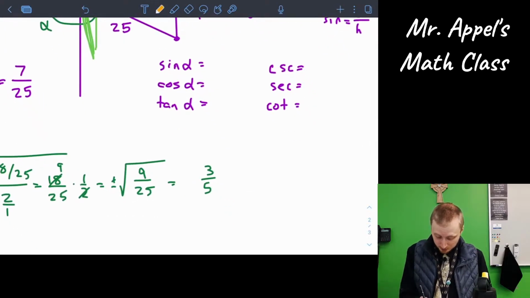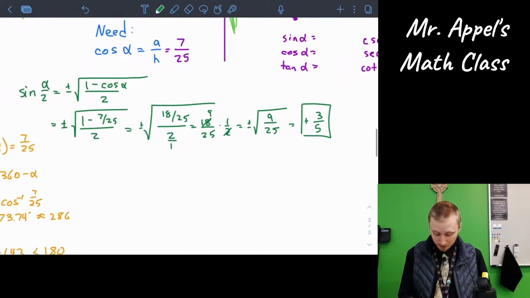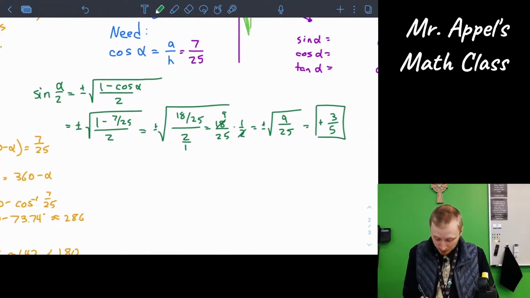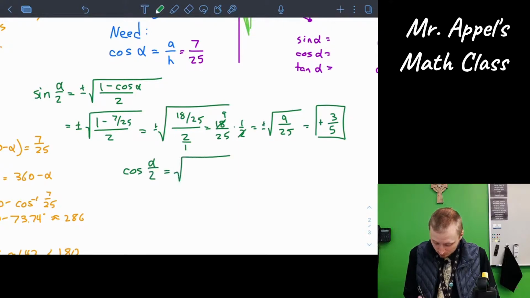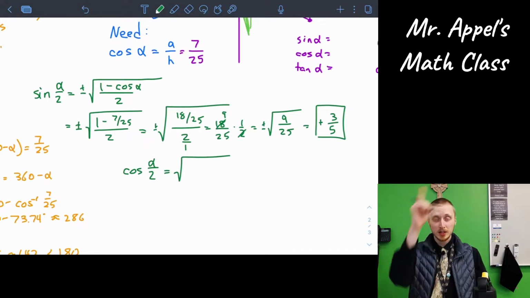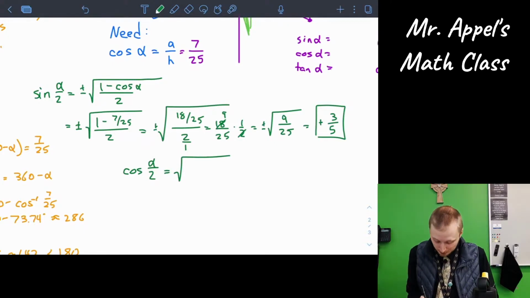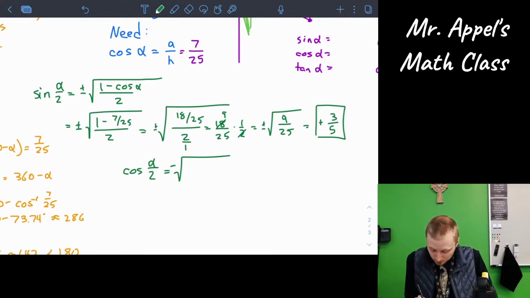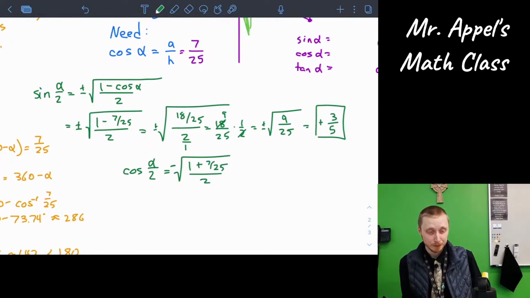We've now resolved that. Sine is 3/5. And now real quick, we can finish off the rest of them. Cosine of alpha over 2: the cosine in quadrant 2 is going to be negative, so this will be a negative square root of, in this case, (1 plus 7 over 25) over 2, right?